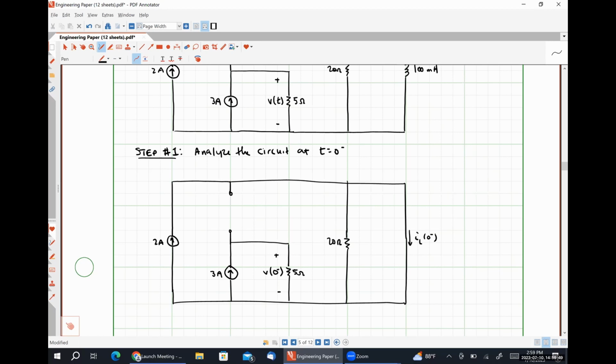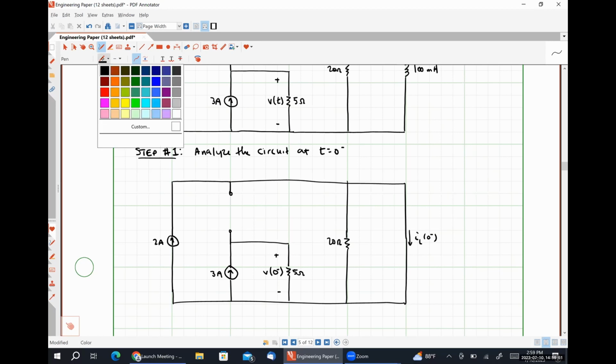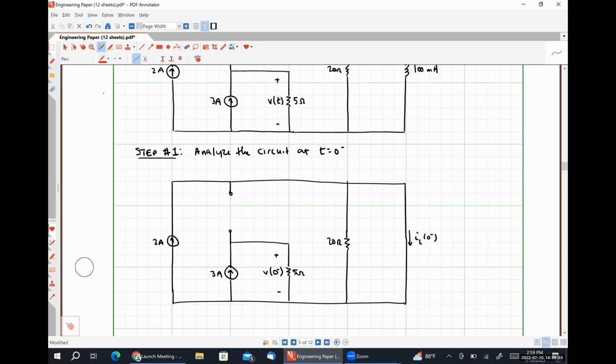Okay, so let's look at what's going on with the current from the 2 amp source. It's leaving and it's flowing up. Then it's going to make a right turn. None of it can flow down through the open circuit, so it's going to keep on trucking over here. Now it has a choice. It can flow through the 20 ohm resistor or the short circuit.